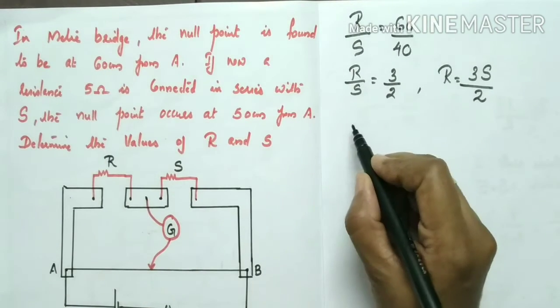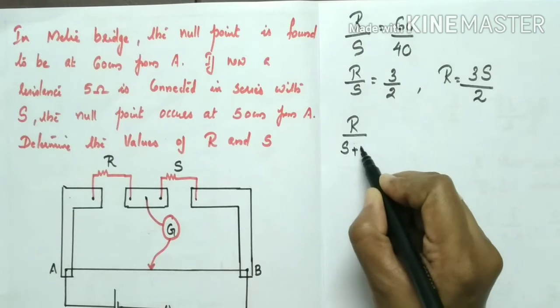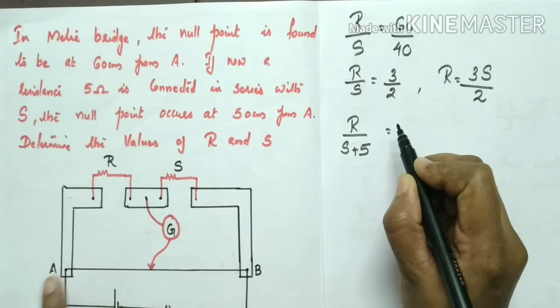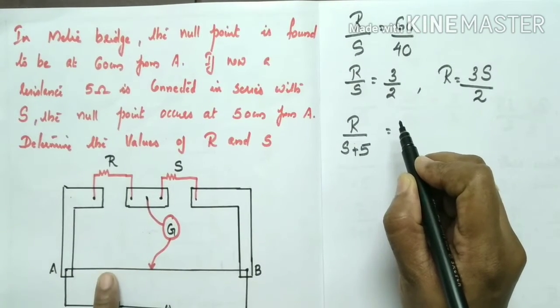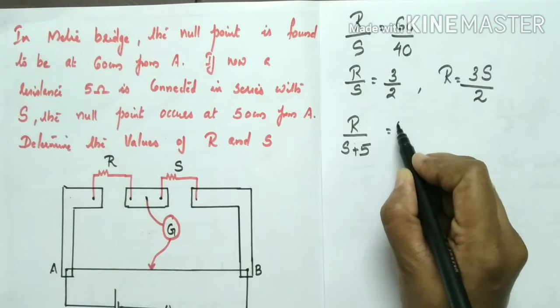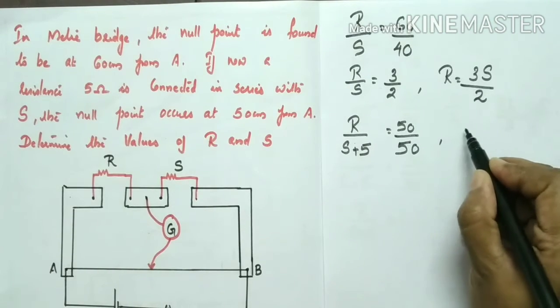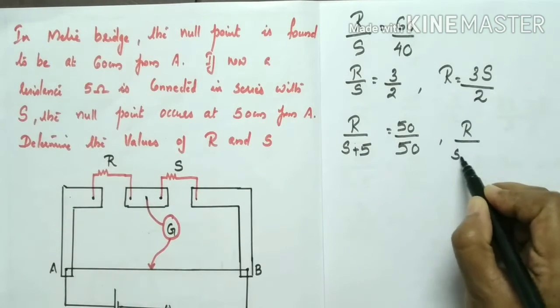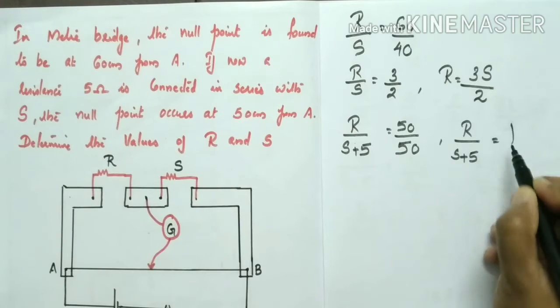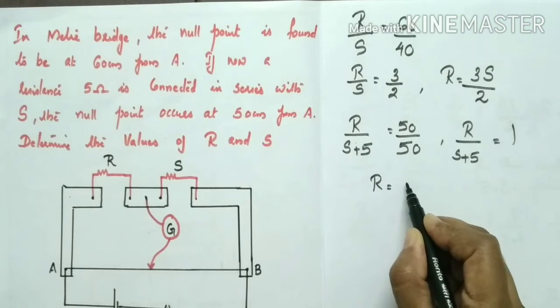So now we can write the second as R by S plus 5 is equal to, what is the balancing length then? It becomes 50, so the remaining is also 50. So 50 by 50, isn't it? So we can write R divided by S plus 5 equal to 1, or R equal to S plus 5.